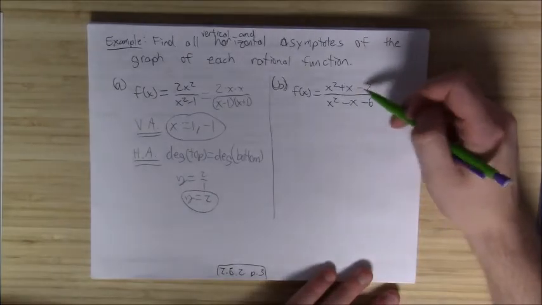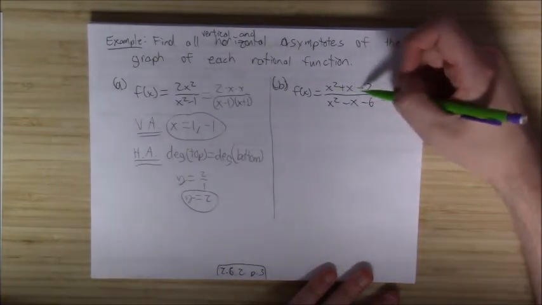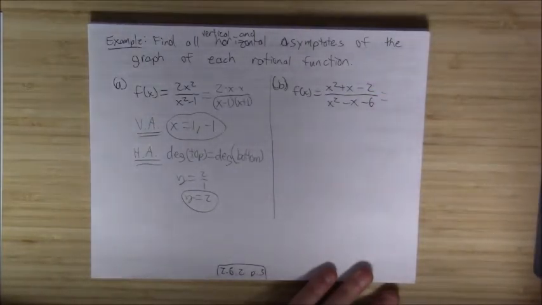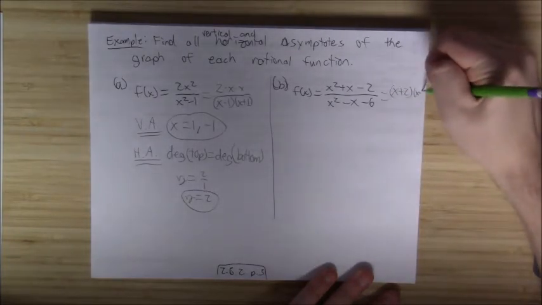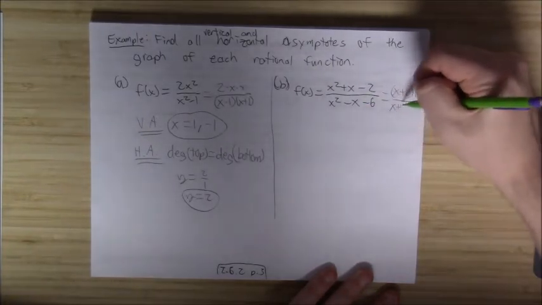Similarly over here, again, we should factor it. The top factors into x plus 2 and x minus 1, and the bottom factors into x plus 2 and x minus 3.